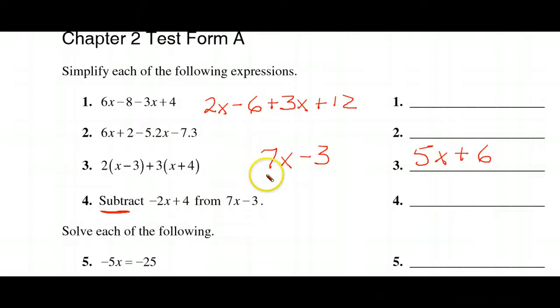So this will become a positive 2x. This will become a negative 4. And now it's just a matter of collecting like terms. So we have 9x minus 7. Okay, again, we're doing some of that in a very easy way.